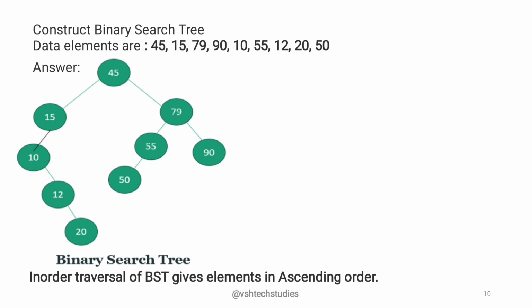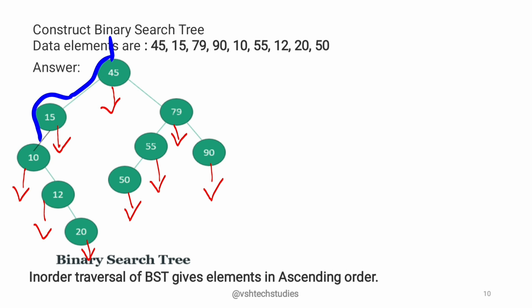For inorder traversal, first we shall mark a down arrow for each node. Now starting from here, if we traverse left, the red arrow cuts 10, so we write 10.